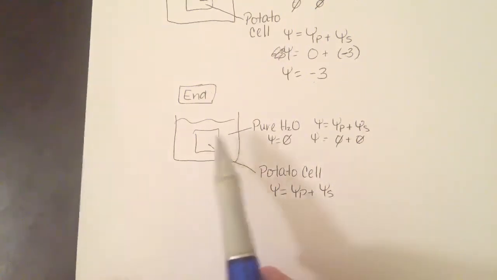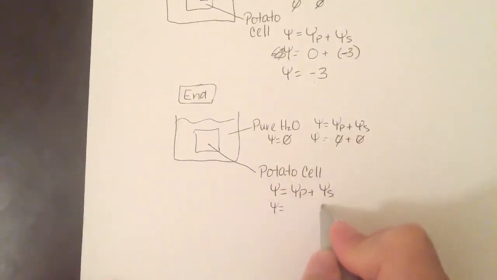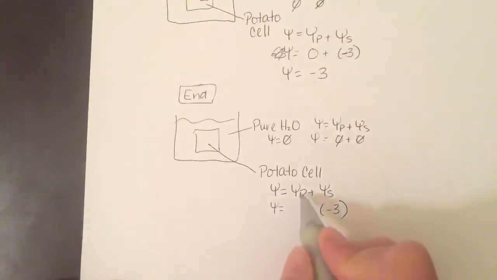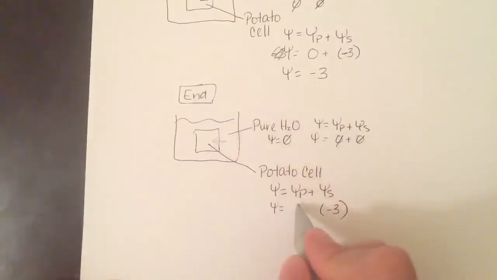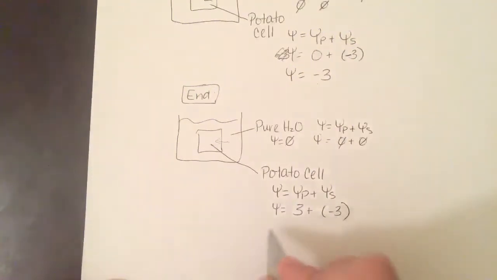So when this water potential equals 0. And so therefore, in order for that to happen, if your solutes stay in the cell and your solute potential is -3, water will continue to go in until that pressure builds up, and that pressure equals a value that's going to make the water potential at 0.